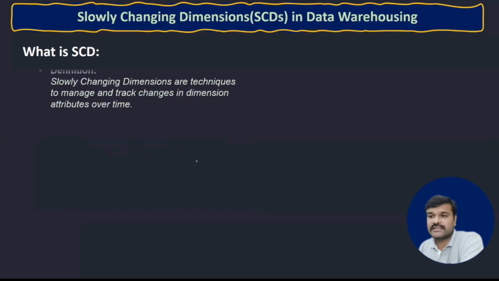If you see the definition, slowly changing dimensions, these dimensions are going to change, not rapidly of course, but definitely. Suppose you are a seller with 100 products in your store.